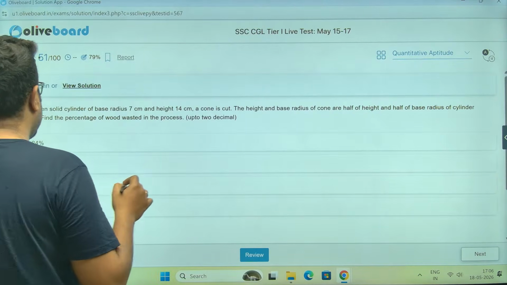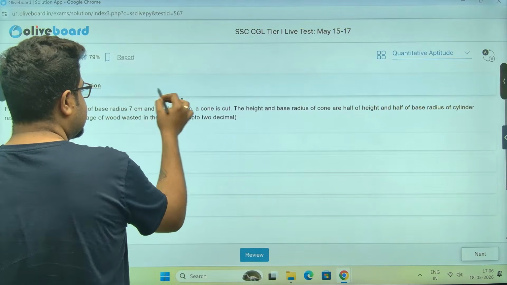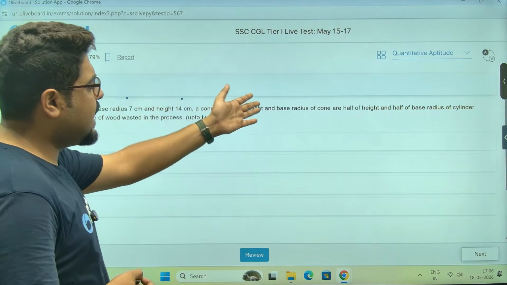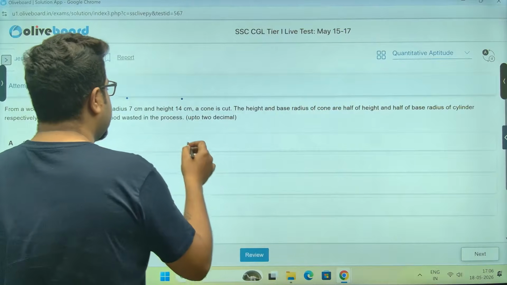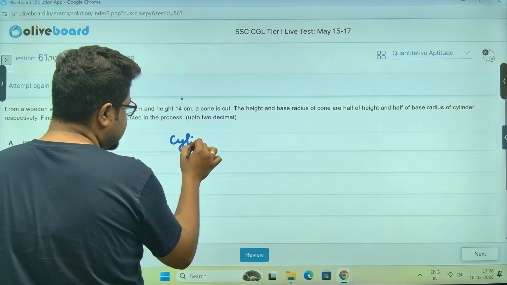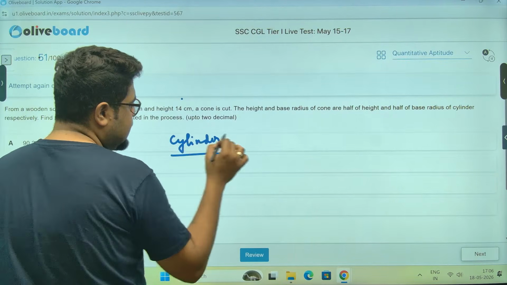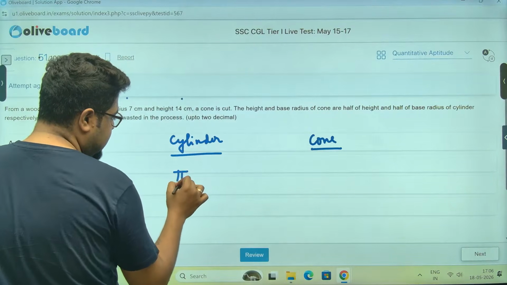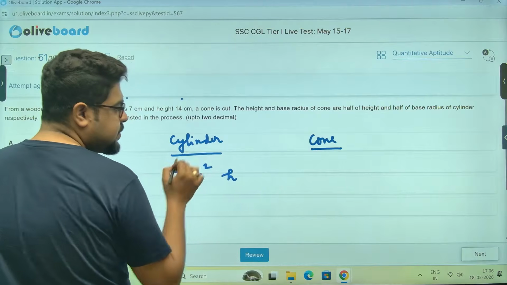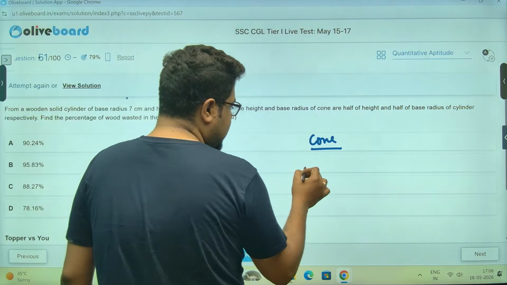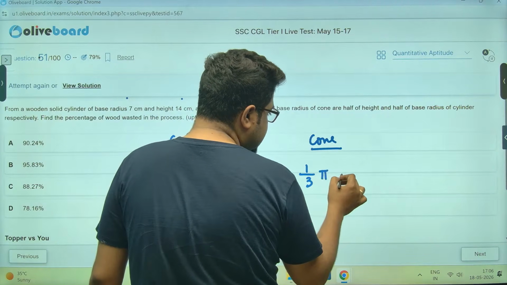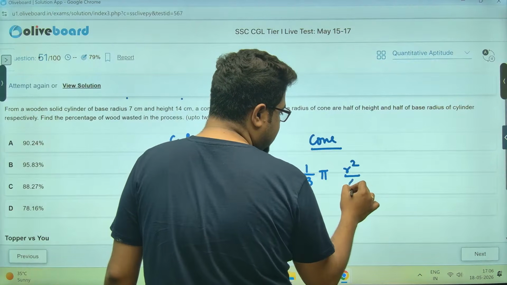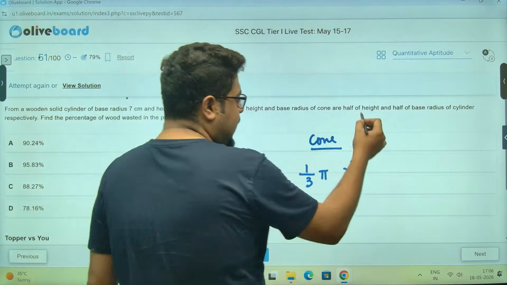The cylinder radius is 7, and height is this, but I don't think we'll require it, because they're asking a percentage, so let's take the ratio. The cylinder is pi r square h, and the cone is 1/3 pi r square h, where r will be half of this, so r by 2 whole square into h by 2.